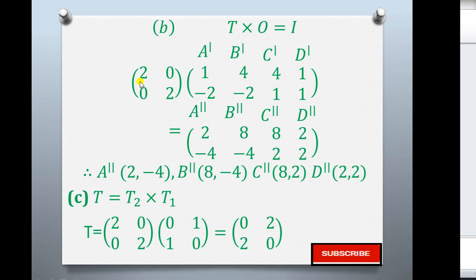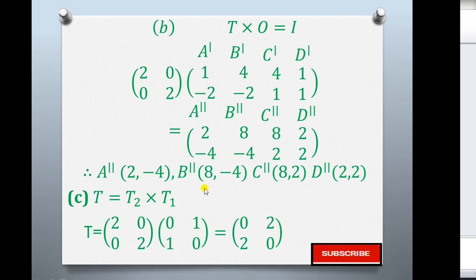You multiply a row by column, a row by column, a row by column, until you end up with this column here. And when you do the multiplication correctly, you will get A double prime as 2, negative 4, B double prime as 8, negative 4, C double prime as 8, 2, and D double prime as 2, 2. Then you write them in coordinate form as you see them here below.